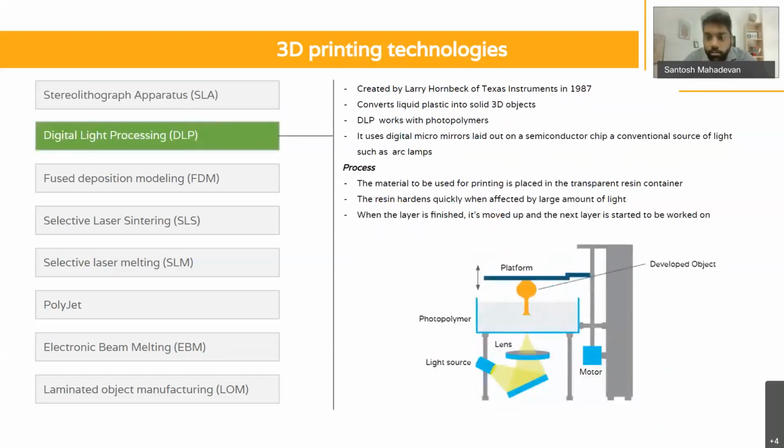In the DLP's case, the X and Y coordinates are directly determined by the cross section itself, and the platform moves along the Z-axis. For this platform to move up and down, you have a motor connected to perhaps a screw rod or any similar drive system. So this is SLA and DLP, and both of these methods use photopolymers.